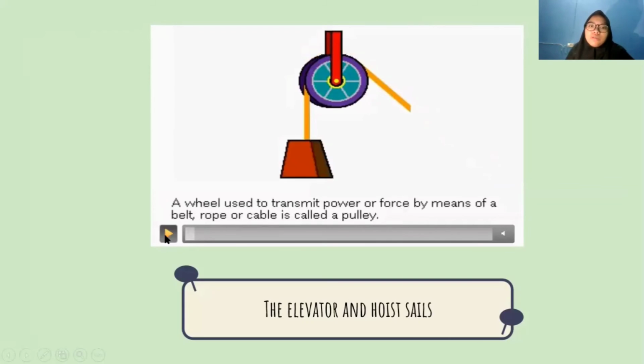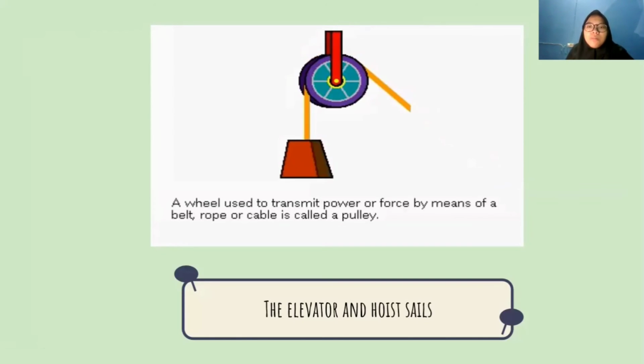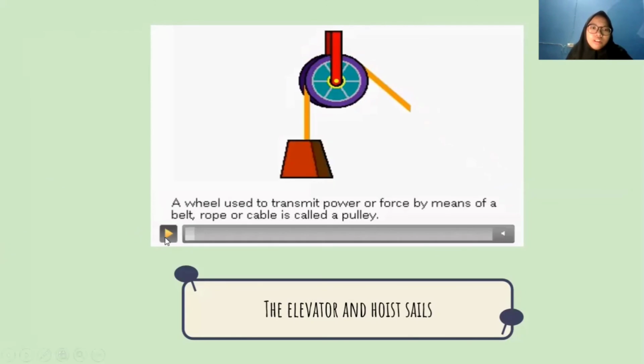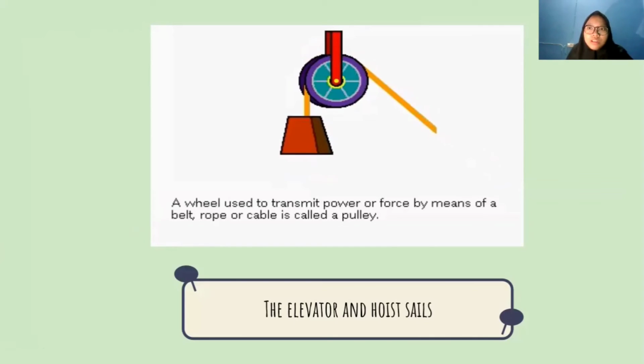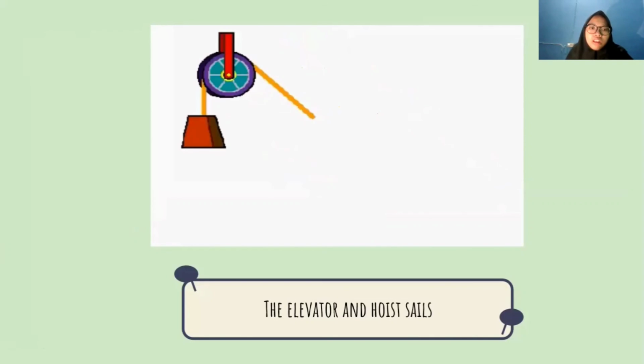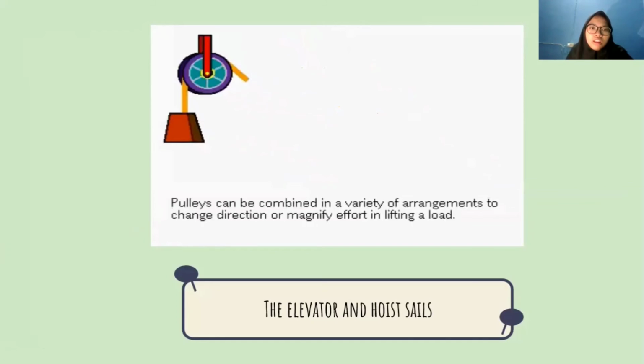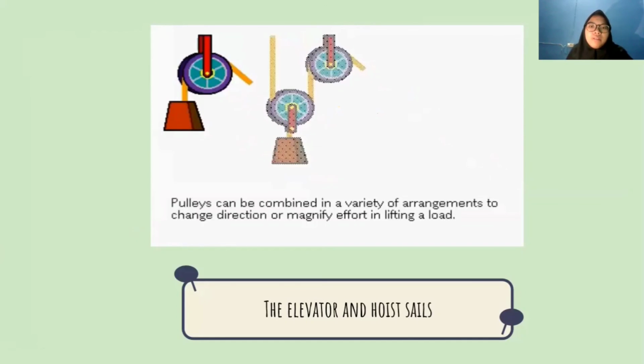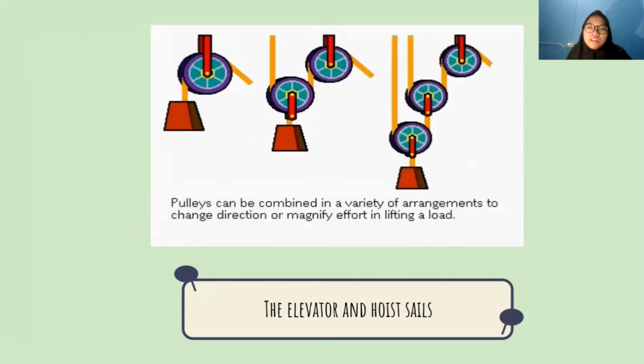A wheel used to transmit power or force by means of a belt, rope, or cable is called a pulley. So that is the definition of a pulley. Pulleys can be combined in a variety of arrangements to change direction or magnify effort in lifting a load.